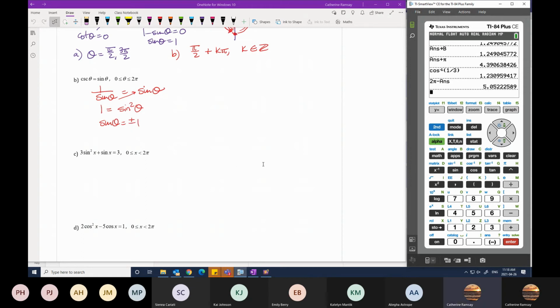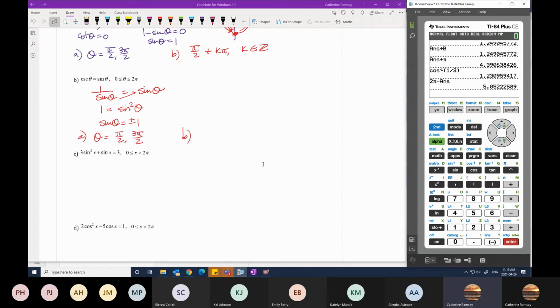So the y value is plus or minus 1 at exactly the last question's answer, which would be positive 1 at pi over 2 and negative 1 at 3 pi over 2. So theta equals pi over 2 and 3 pi over 2.